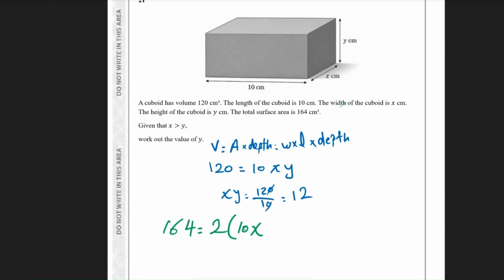The right side and the left side are the same, x times y, and the front and back side, this one here, is the front side, so don't be confused. The front side here is 10, the length, times the height, which is y, so 10y.